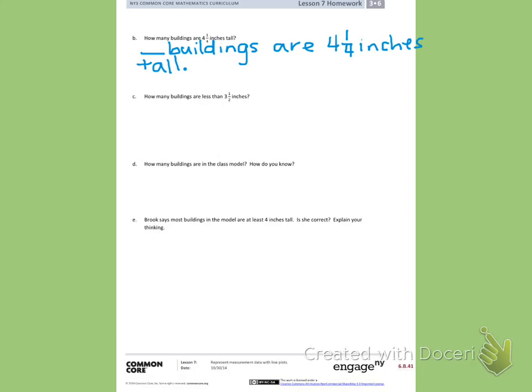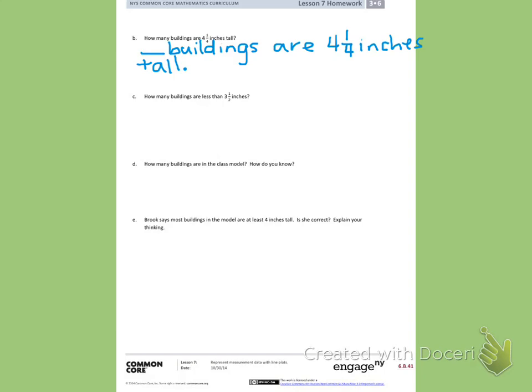This question asks how many buildings are less than 3½ inches. So don't count the buildings that are 3½ inches and taller. You only need to count the buildings that are on your line plot for 3 inches and 3¼ inches, because 3½ inches is not less than 3½ inches.